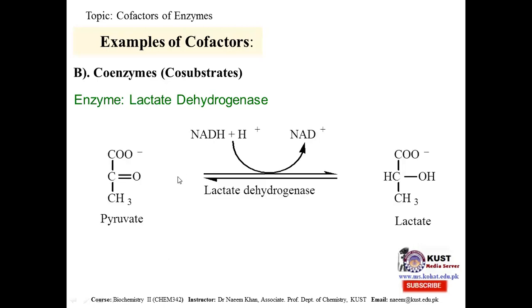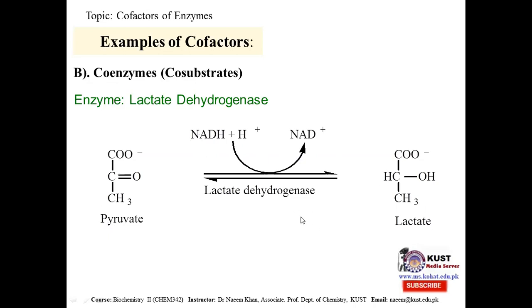Lactate dehydrogenase is an important enzyme because it is catalyzing the reduction of pyruvate to lactate. Hydrogen from nicotinamide adenine dinucleotide, NADH, is accepted, and NAD gets oxidized, and from pyruvate we get lactate.